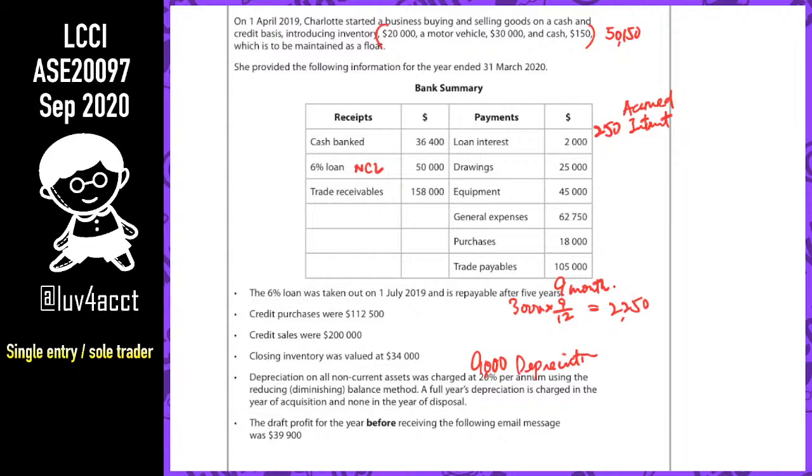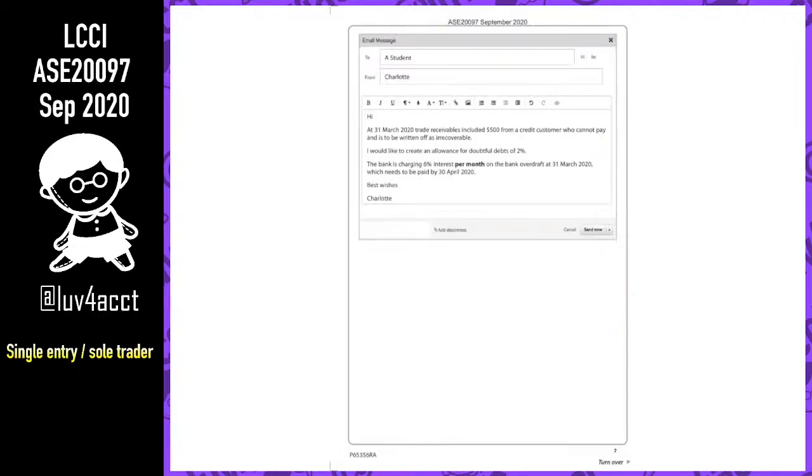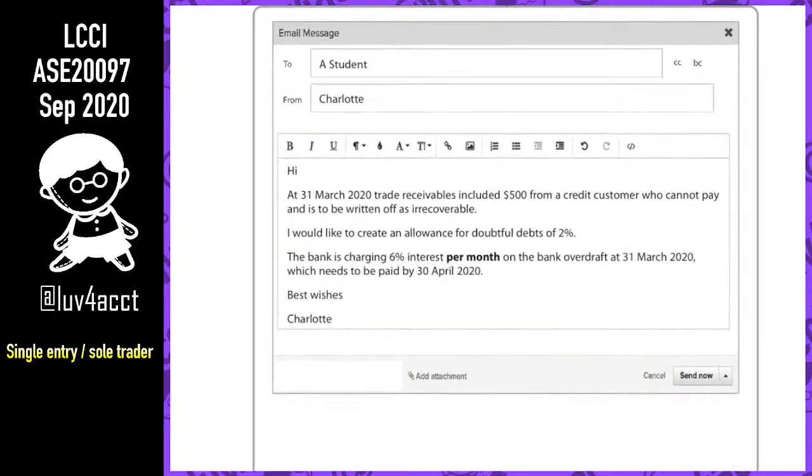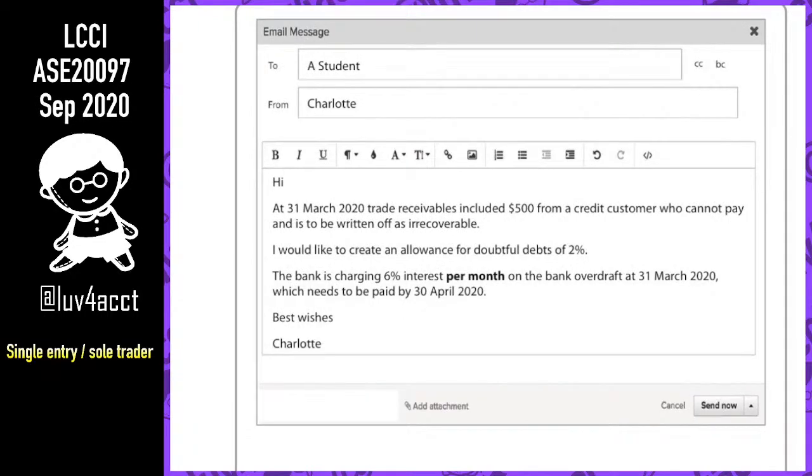The draft profit before receiving the following email is 39,900. So let's see the email. The email to a student from Charlotte. Hi.